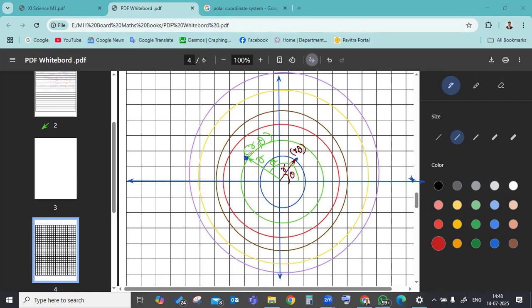Okay, so there is always a way. See, this point P is there. Now in this coordinate system you have noted the location of this point as r, theta. r means its distance from the origin, and theta means the angle at which the arm passing through that point is inclined.